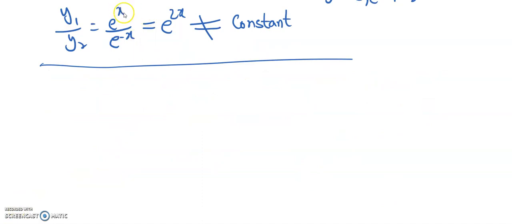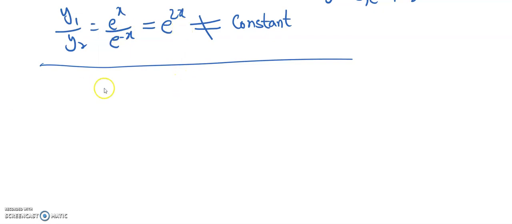From now we can use this observation. Our observation is that two solutions for a second order linear differential equation are not in a constant ratio. That means they can be related by a function.